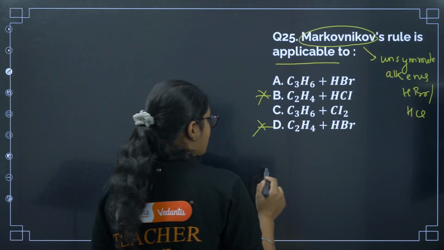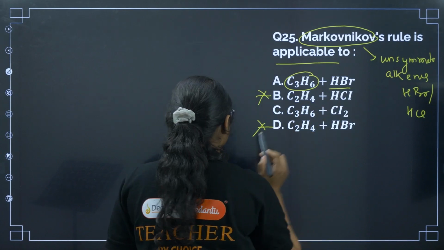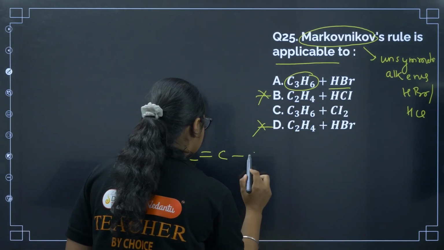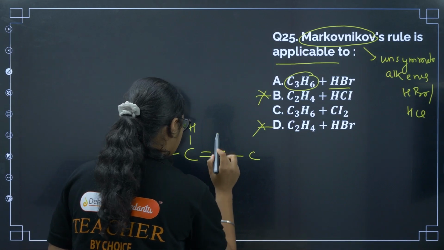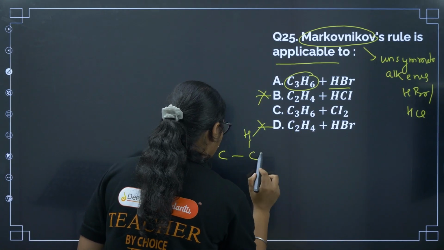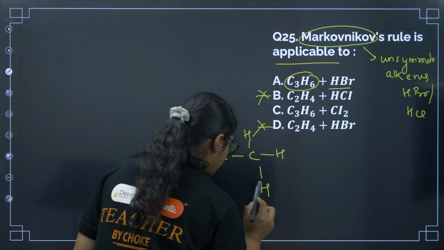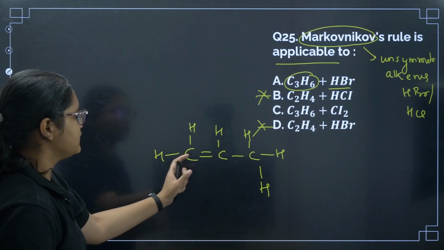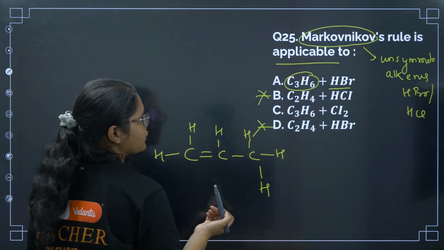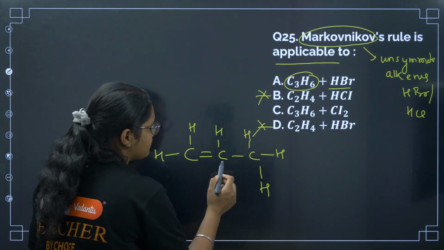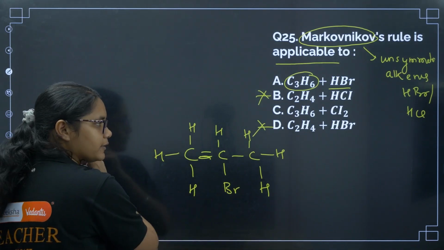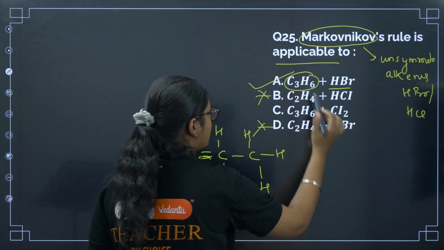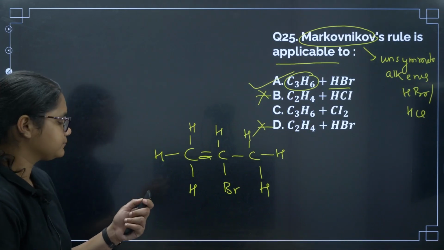Now, if you see C3H6 with HBr, so if I have C3H6, carbons 1, 2, 3, 4, 5 and 6. Now, if this one is reacting and we are getting HBr, then what will happen? Markovnikov's rule, Br will go to the carbon having less number of hydrogen and this one will go to here, right? So that is why it is applicable here. Correct answer is option number A.